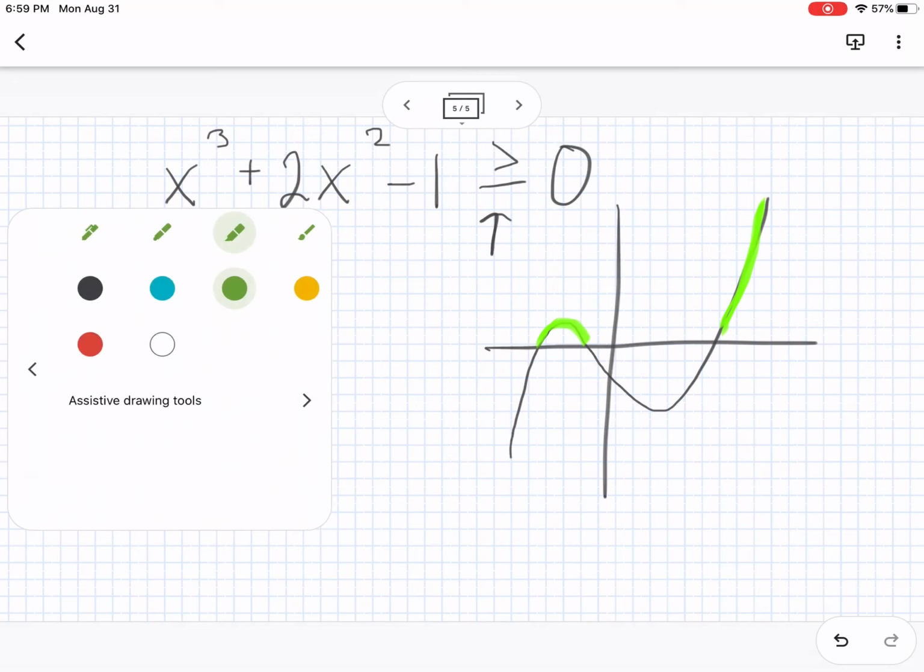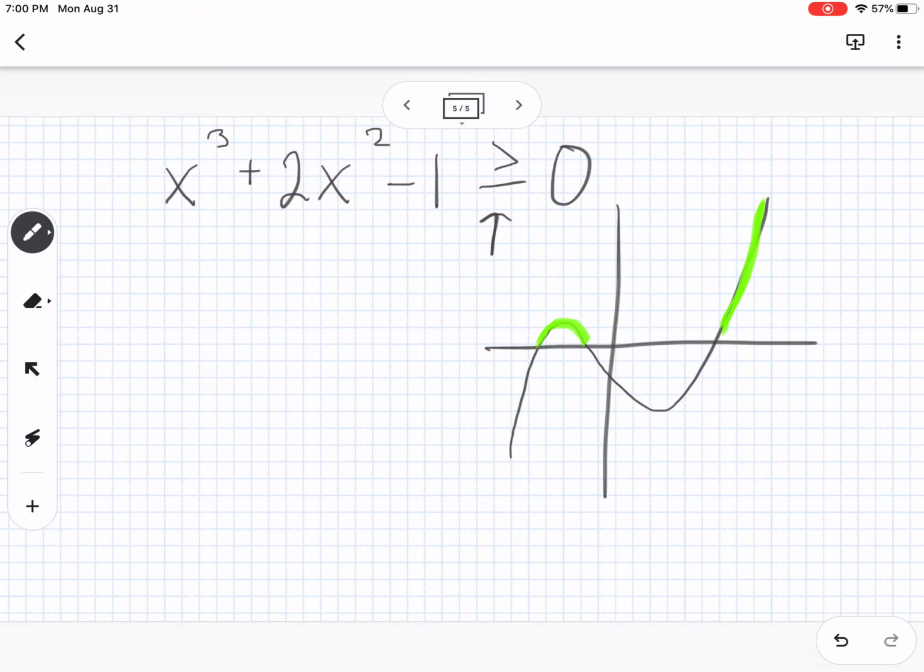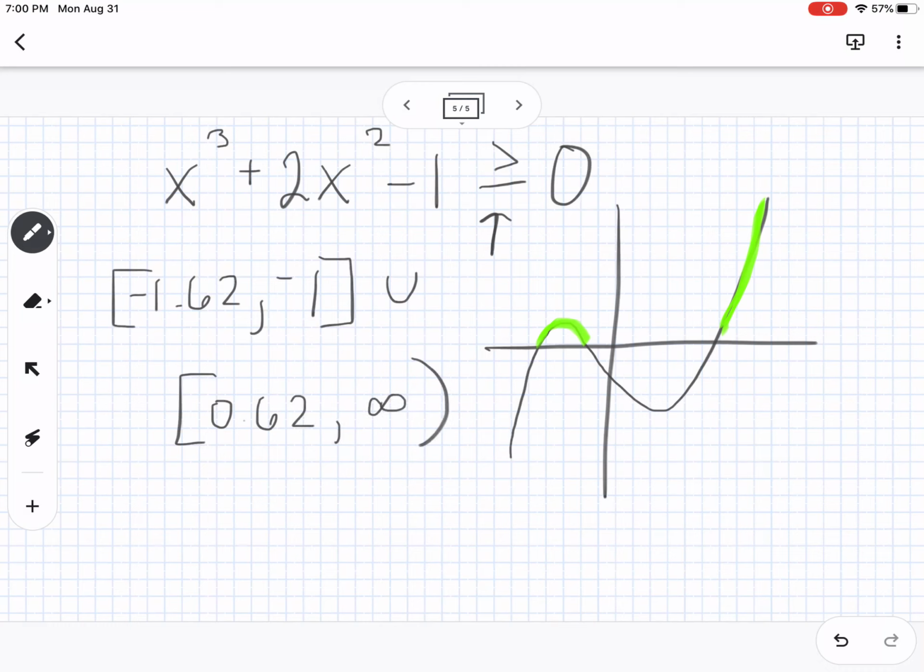So how we would represent that. If you use your graphing calculator, you find those approximate values. You can say this is going to be negative 1.62 to negative 1. Notice I'm using square brackets because that's or equal to. And then you can say union 0.62 to infinity.